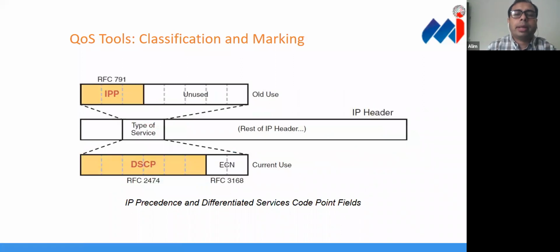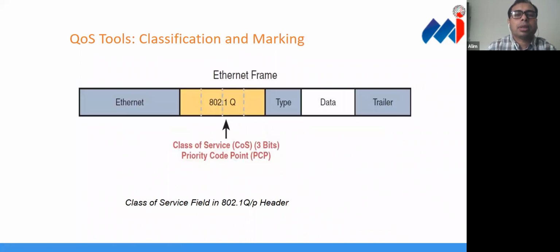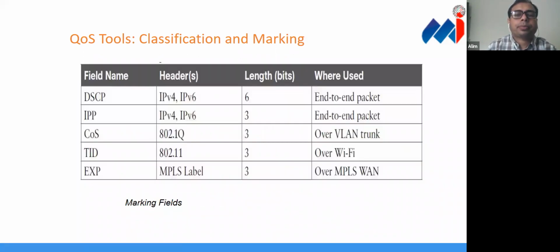But marking will be provided in the IP packet, and marking is done at different layers based on header values. Because you know that when you talk about an Ethernet layer 2 frame, the frame has source address and destination address.